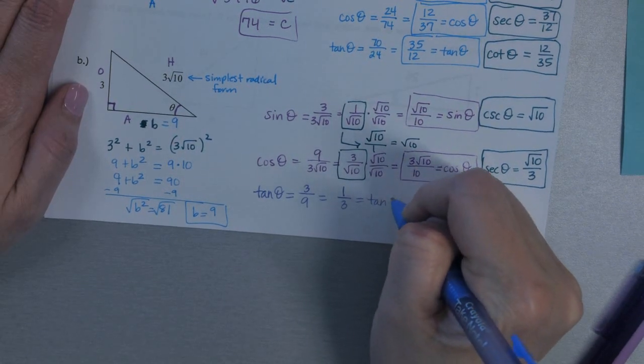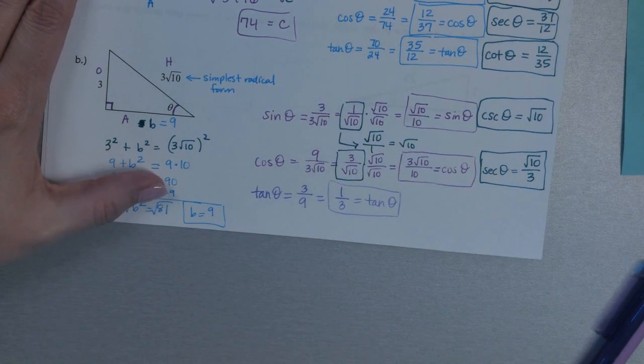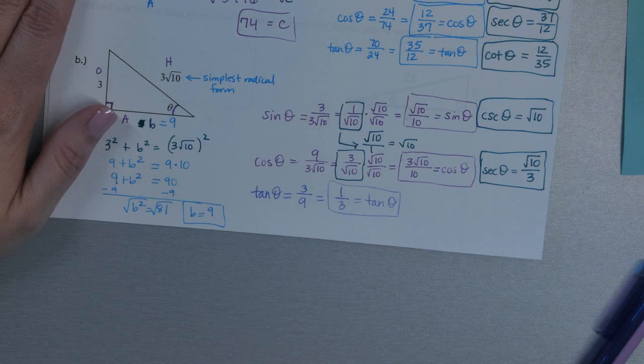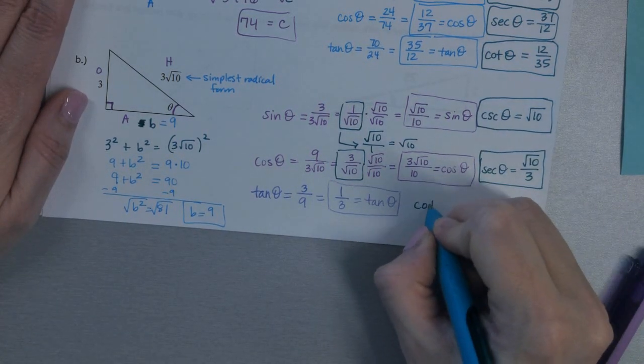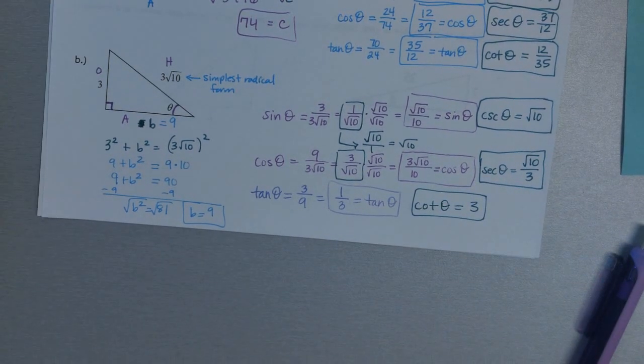So that's your tangent. No radicals in that one. And then what's the reciprocal of 1/3? 3. So your cotangent is just 3.